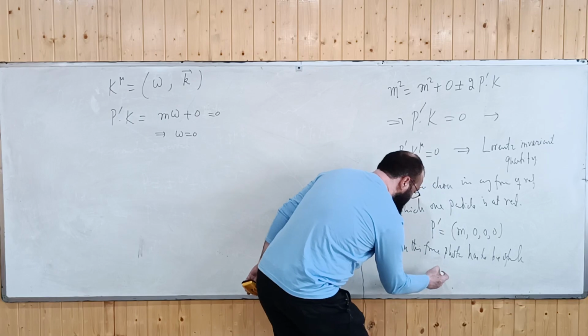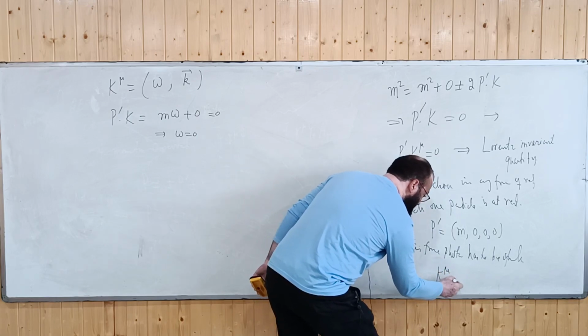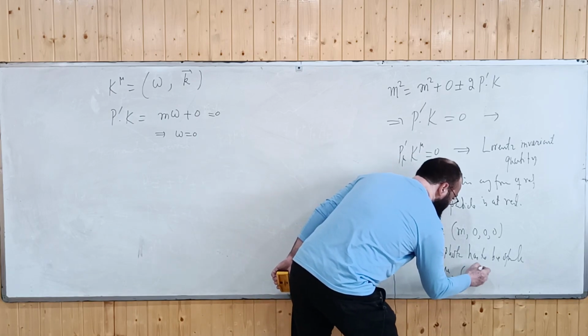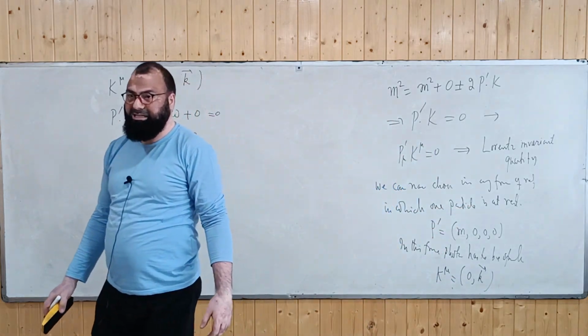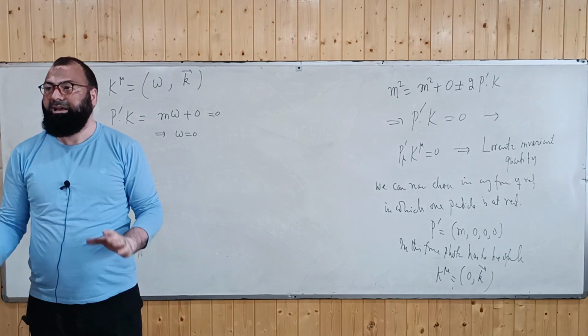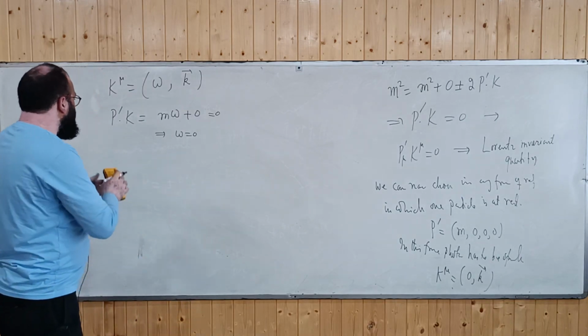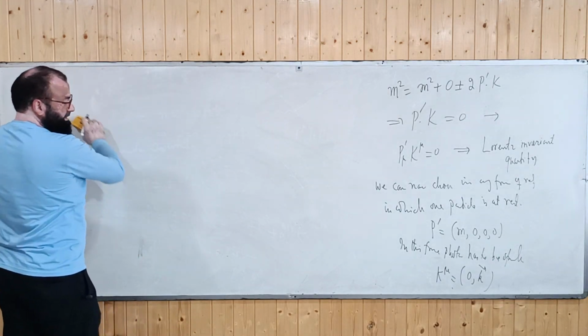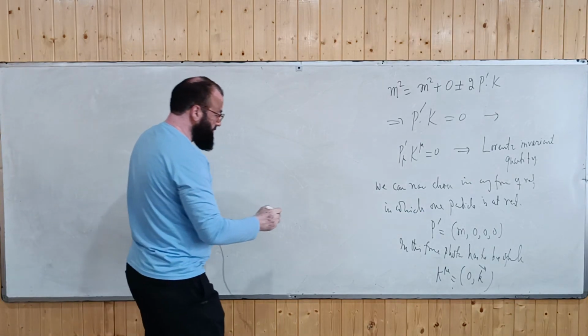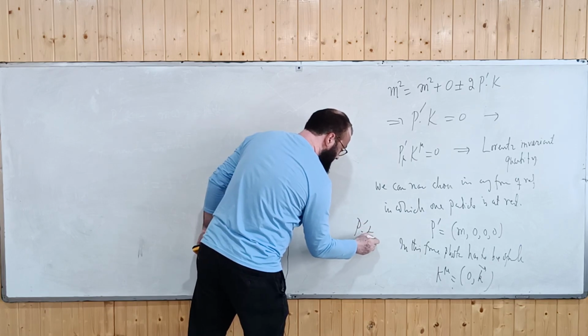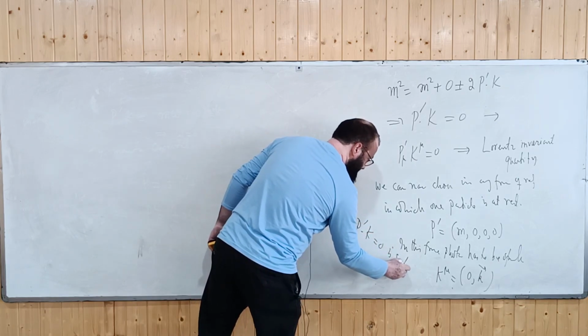What does that mean? I will write k mu for the photon as (0, k), and now if you take the dot product between the two, that condition is satisfied. So much on? Everybody is following it? Clear. So now that very condition p prime dot k equal to 0 is satisfied.